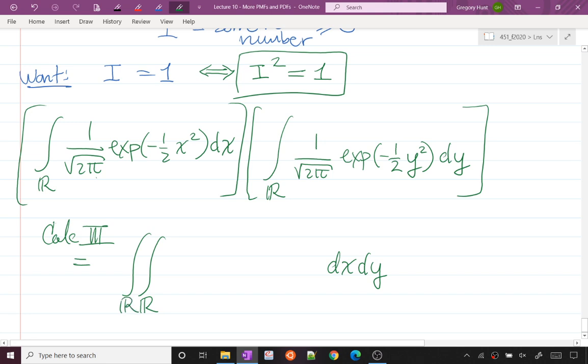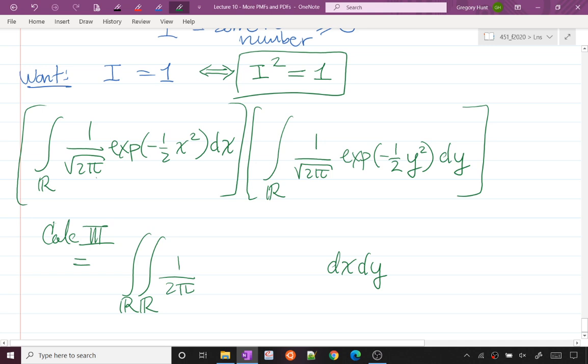So I can combine them. Because they're different variables, I can smush them together and write this as an iterated integral. I'm just going to multiply the two functions: 1 over root 2 pi times 1 over root 2 pi. I can get rid of the square root and just write this as 1 over 2 pi.